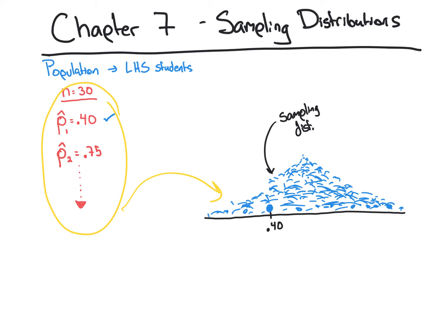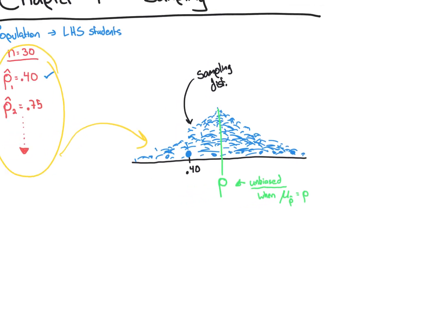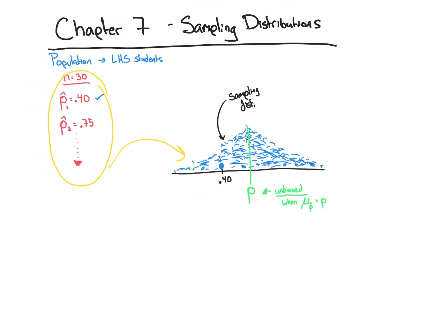We also talked about this: if it lines up perfectly over the true population parameter, we would call it unbiased. Remember, unbiased was when the average of all these samples equals the true population parameter.